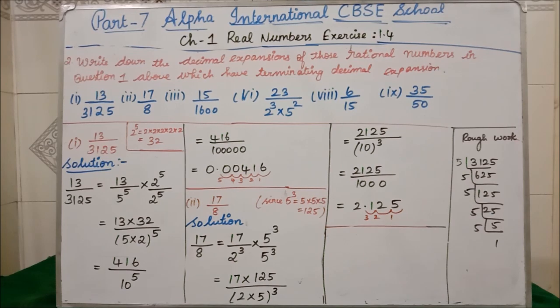Students, in second question, write down the decimal expansion of those rational numbers in question 1. Okay, what is in this? Now previously what we have seen? We have seen the first subdivision. In that first subdivision we have seen 10 problems, isn't it? So in that first subdivision, among the 10 problems, what are the problems we got terminating decimal expansion?